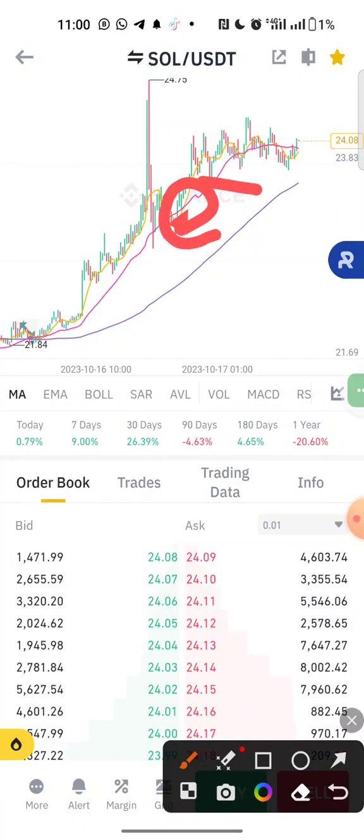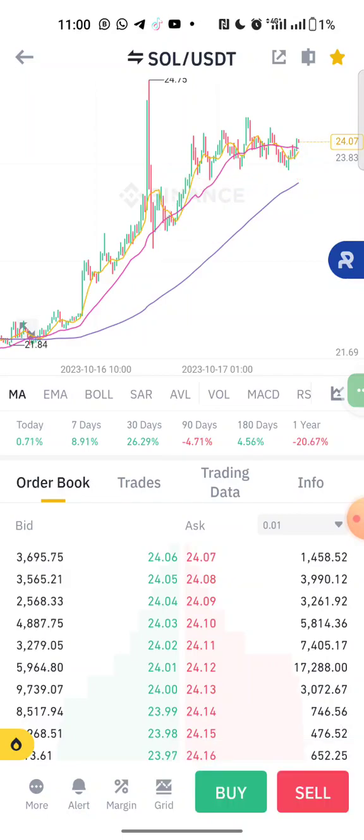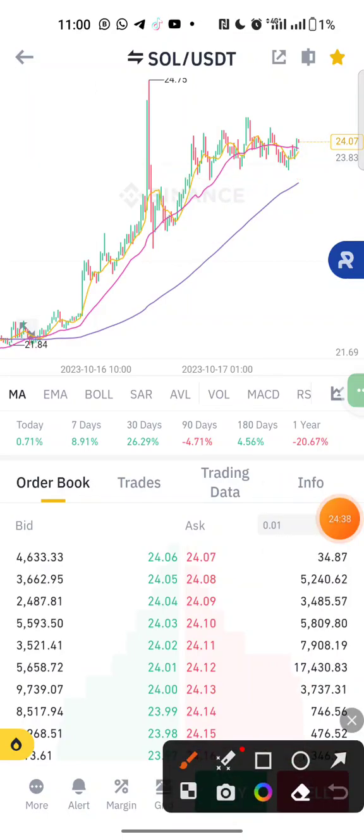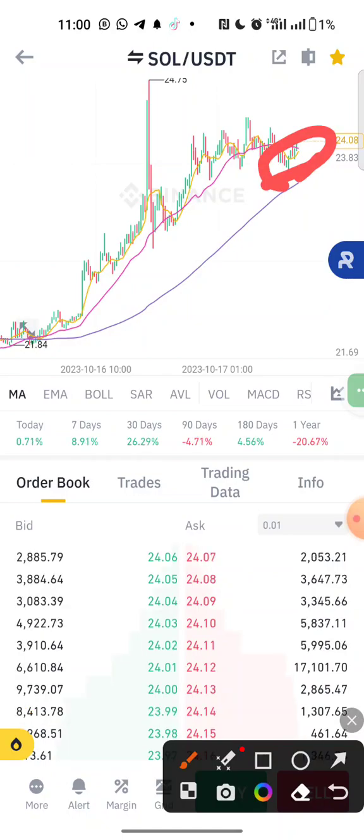So this area is called a golden cross. And once you see it, you start preparing to enter the market. Like you could see here, a 7 moving average is planning to cross a 25 moving average, and that is what we call a golden cross. So this confirms that the market is going to continue in that upward movement.